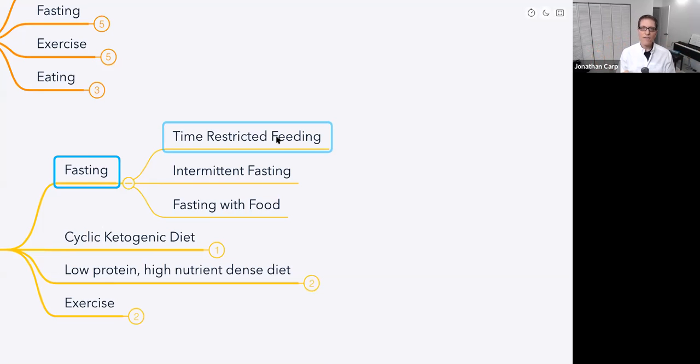Most of the studies show that the minimum amount of time between the last meal of the day and the first meal of the day has to be around 13 hours for you to get the benefits of some kind of fasting. That's not so difficult. That's stopping eating at, say, 7 o'clock and then eating the next day at 8 a.m.